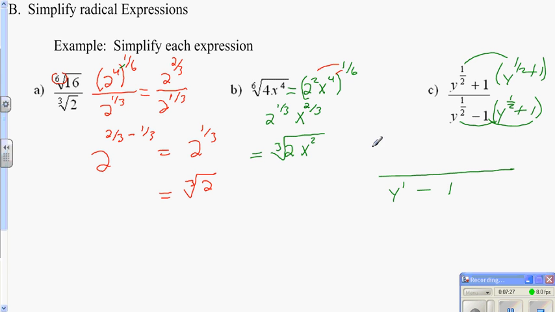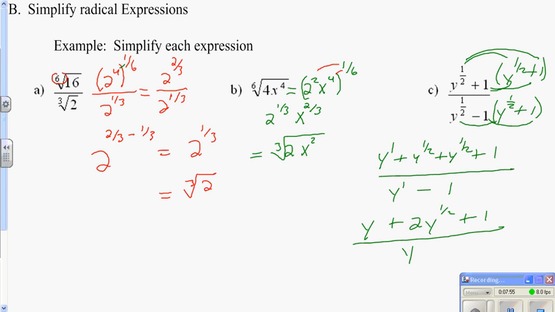Numerator, first times first. Outside gives us plus y to the half. Inside gives us plus y to the half. And last gives us 1. Combine like terms, we will get y plus 2 y to the 1/2 plus 1 all over y minus 1.